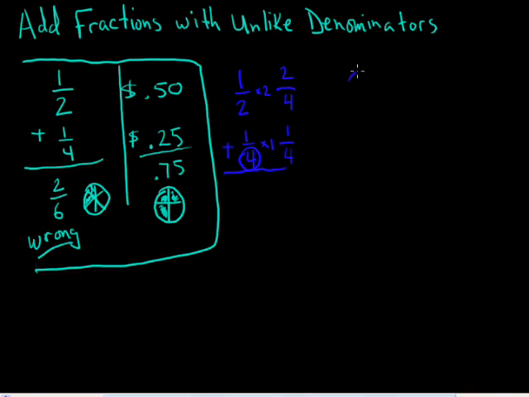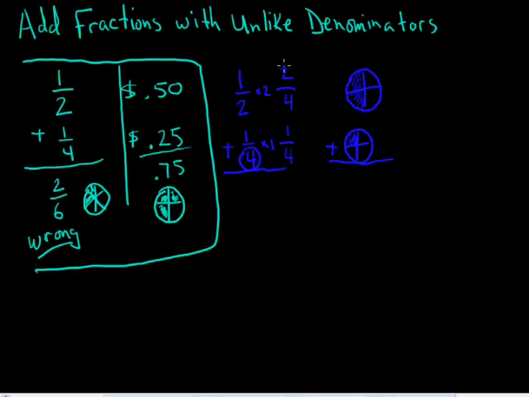Let's draw a picture to prove it. 1/2 means half of your pizza is there. It can also be expressed as 2/4. And 1/4 is still just 1/4. Now we're going to add them together. I'll just make this a little addition also.